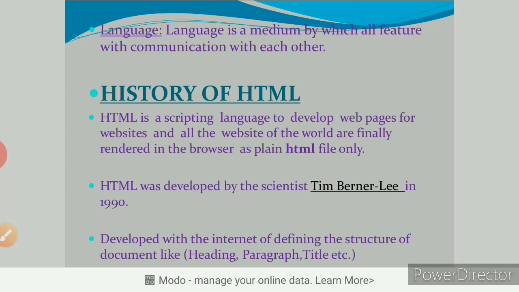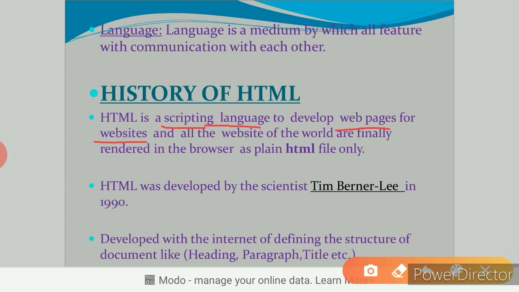So next is the history of HTML. HTML is a scripting language to develop web pages for a website. We already described scripting language, web page and website. And all the websites of the world are finally rendered in the browser as plain HTML files only.